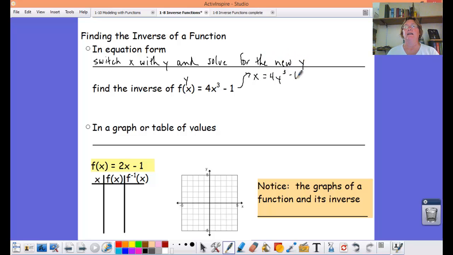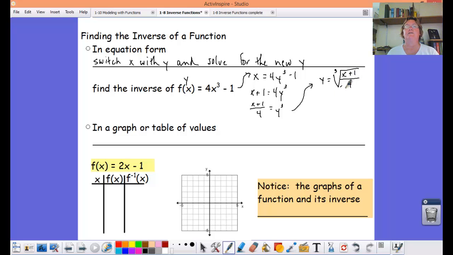That means I've got to add 1 to both sides to start with. Trying to get y by itself, I divide by 4. x plus 1 over 4 is equal to y cubed. I don't want y cubed, I want y. So y will equal the cube root of x plus 1 all over 4.